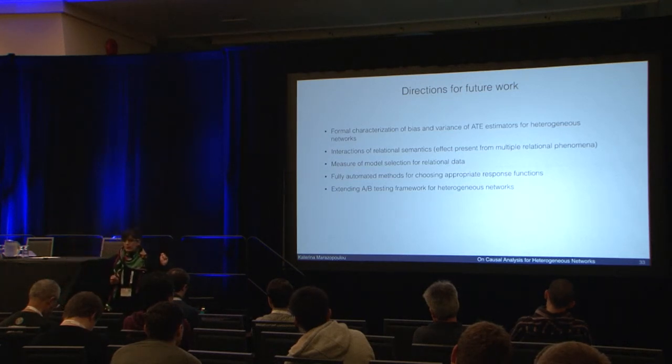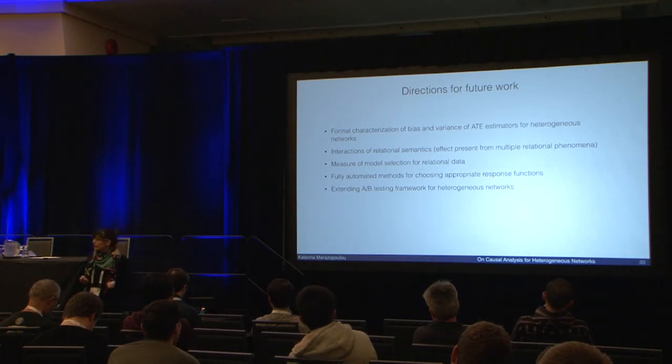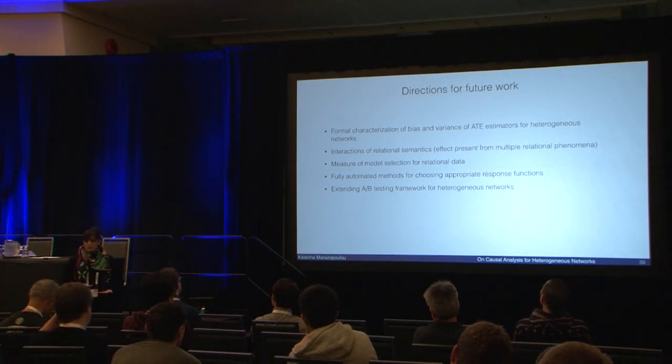Moreover, we used BIC for model selection. It would be worth investigating what you can do with model selection techniques that are customized for networks or relational data. Maybe that will improve the accuracy of model selection.